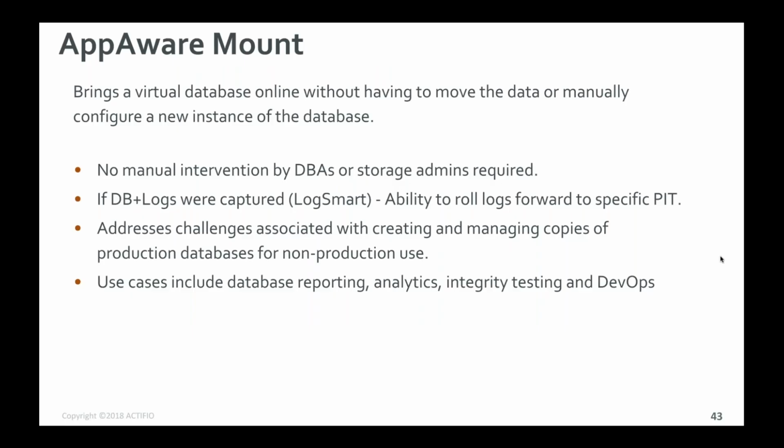But with the app aware mount, no manual intervention is required. As part of app aware mount, you will have some provisioning options to set your database ID and how much memory you want to set, which I'm going to show you. Apart from that, you don't need to fill in anything, you just complete everything, save and submit, and it's going to bring up your database in a few minutes.